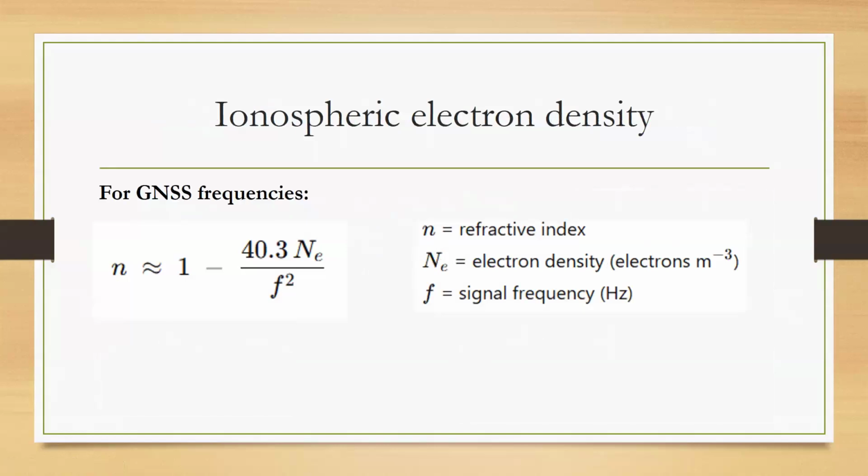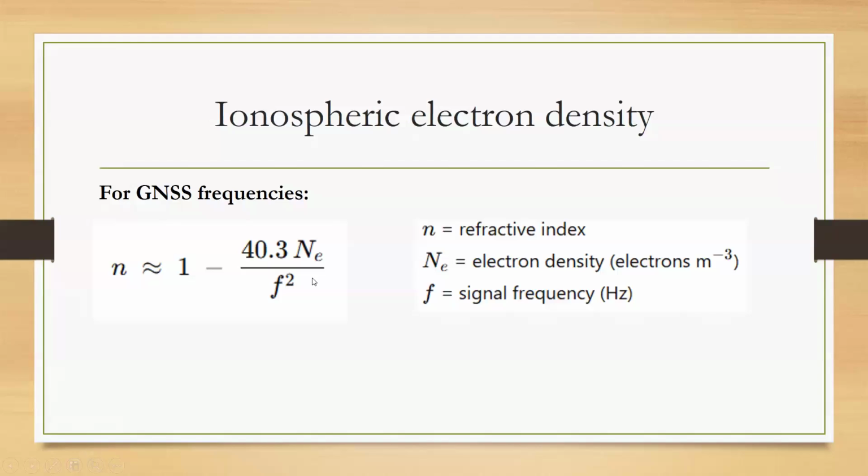So if we go to the ionospheric density, it's basically a similar principle. We still measure the bending angle, and from the bending angle, we get the refractivity. Sorry, rather the refractive index, which we can also get from the bending angle.